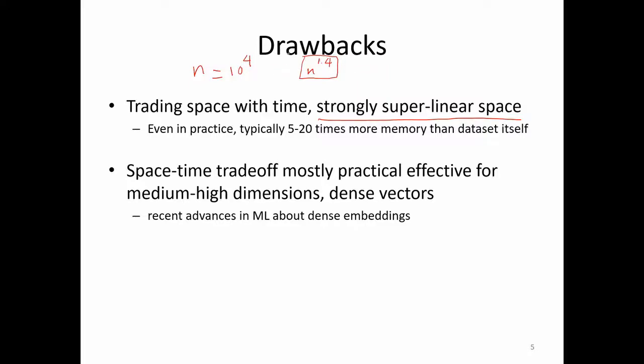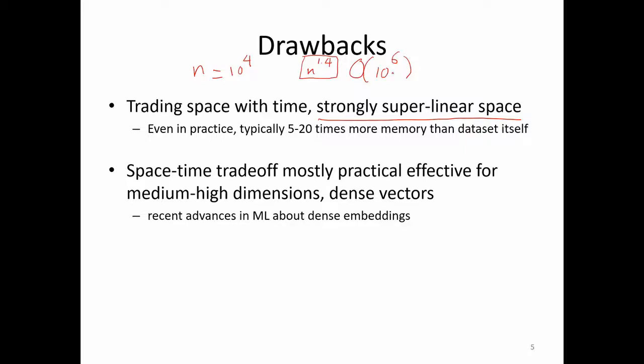So if it is 1.5, let's say, your space complexity actually becomes 10 to the power 6. So this is a large jump up.